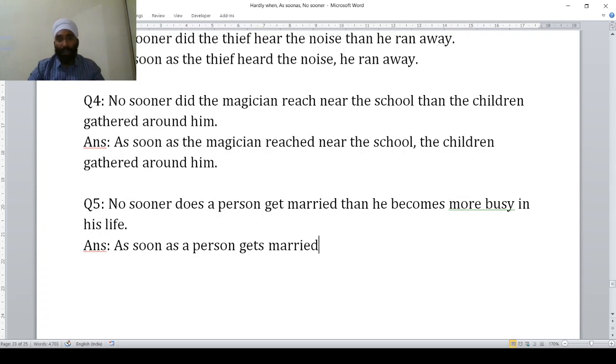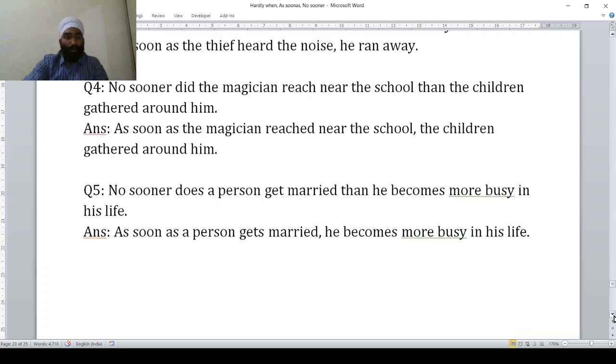Instead of than, we have to use a comma: as soon as a person gets married, he becomes more busy in his life. Now you see here, gets married. These two verbs are here, but this married is a past participle and it is being used as an adjective.